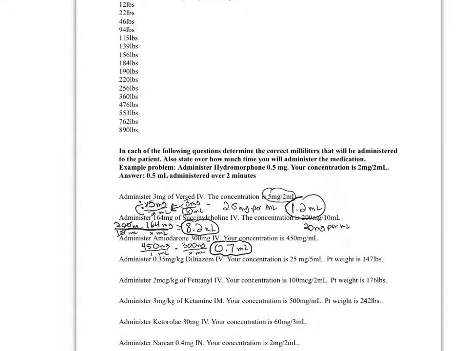Now, since we're on this page, it wouldn't hurt to briefly talk about up here how to get from pounds to kilograms. So let's take this patient here. They weigh 190 pounds, or actually let's start with an even easier one. Let's take this 220 pounds, because I know that to go from pounds to kilograms, I'm going to divide by 2.2.